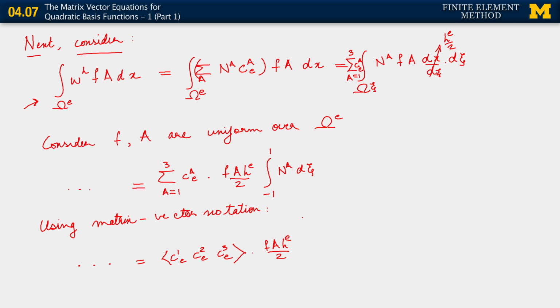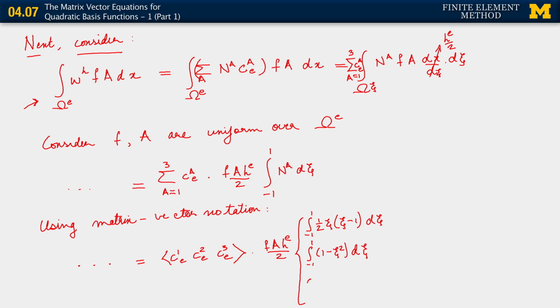Now we get a vector here, and the first component is integral minus 1 to 1 of N_1, which we already know is 1/2 xi times (xi minus 1), dxi. For component 2, the integral minus 1 to 1 of N_2, which is 1 minus xi squared, dxi.